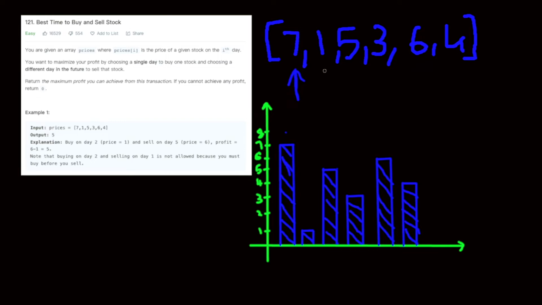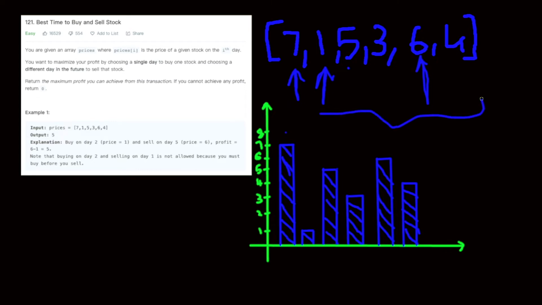Once we're done with 7, we do the same thing with 1, and continue this for the rest of the array until the second last element. In this approach you have to iterate through the array and then iterate through every other value in the array.